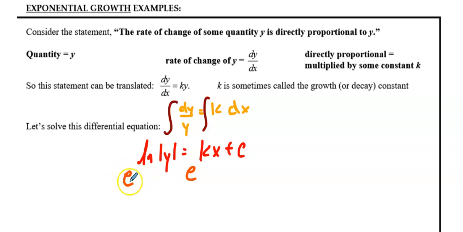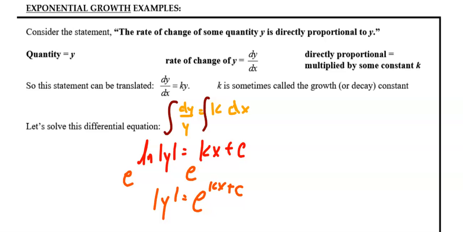Another property that you learned is that e to the natural log of anything is that thing. So the left-hand side is going to be just the absolute value of y, and I'm left with e to the kx plus c.